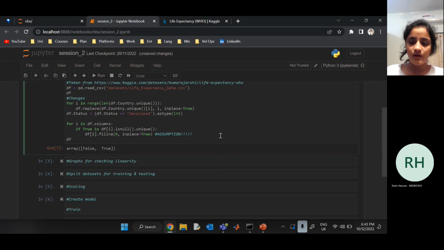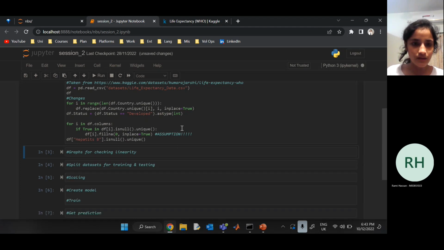Okay. So now I'll run this and I'll do the same check now. Over here, I had checked hepatitis B, right? Let me check it again so you can see whether there's a difference or not. Hepatitis B. So now I run it. Oh, I made a spelling mistake here.